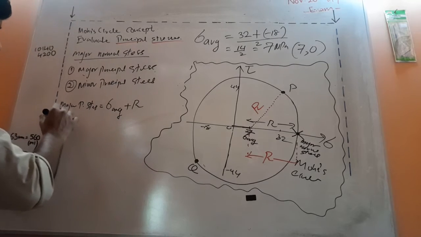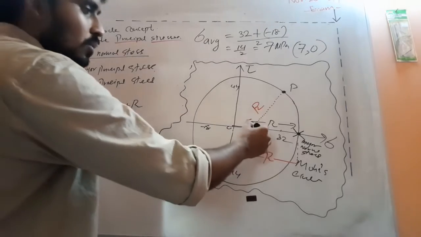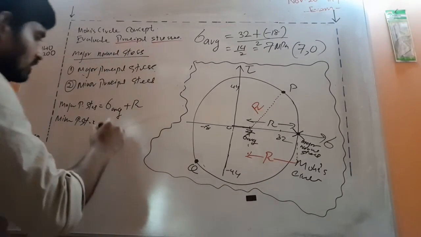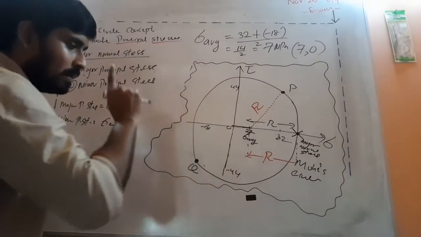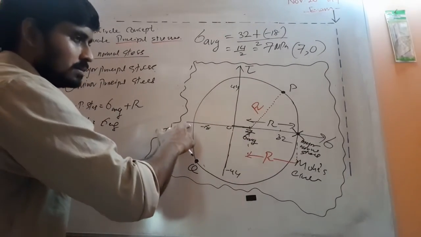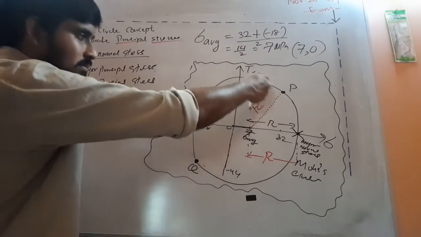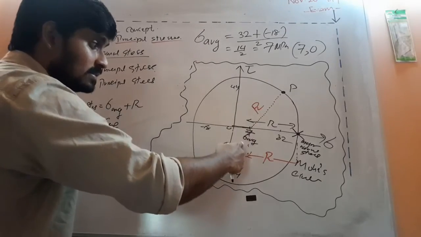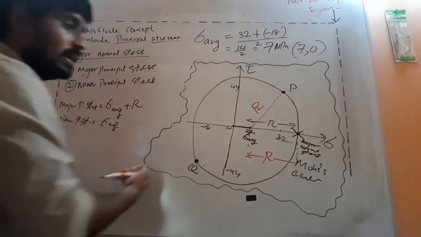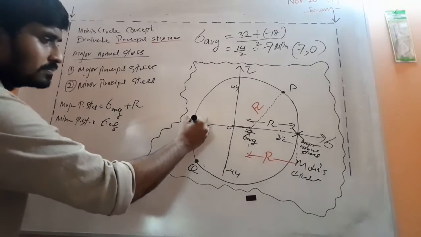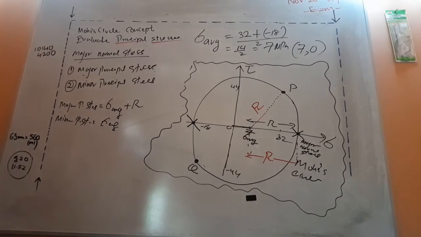And what is the minor principal stress? That is, again you have to locate the center, sigma average. Now minor principal stress is the principal stress value that we obtain when this Mohr circle intersects the x-axis on the left hand side or on the side of the negative infinity. So that is here. Okay, so how to find that?